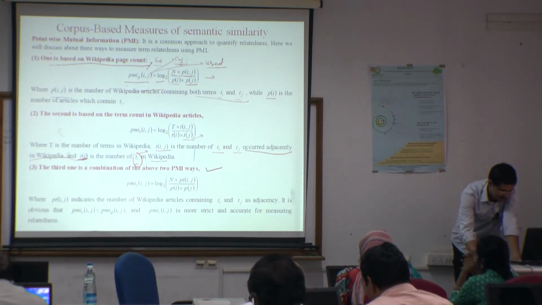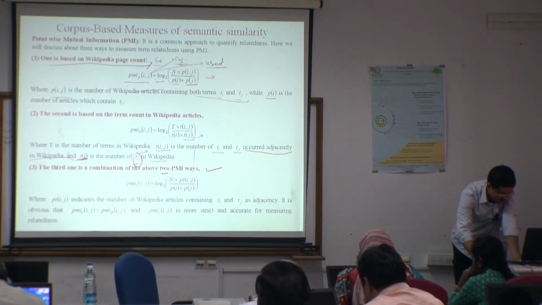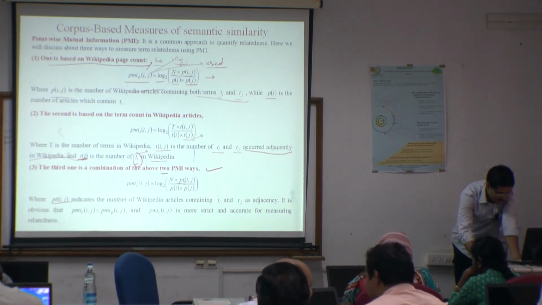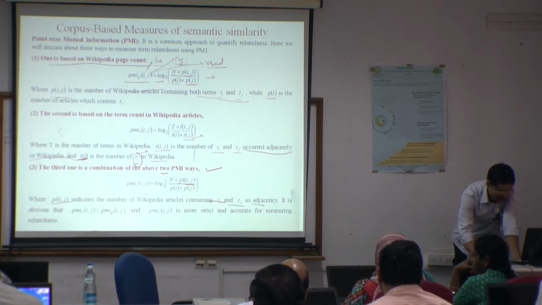The third one is the combination of both measures. In this measure, Ptij represents the number of Wikipedia articles containing Ti and Tj as adjacent, and the rest of the things are the same as given in the first measure.